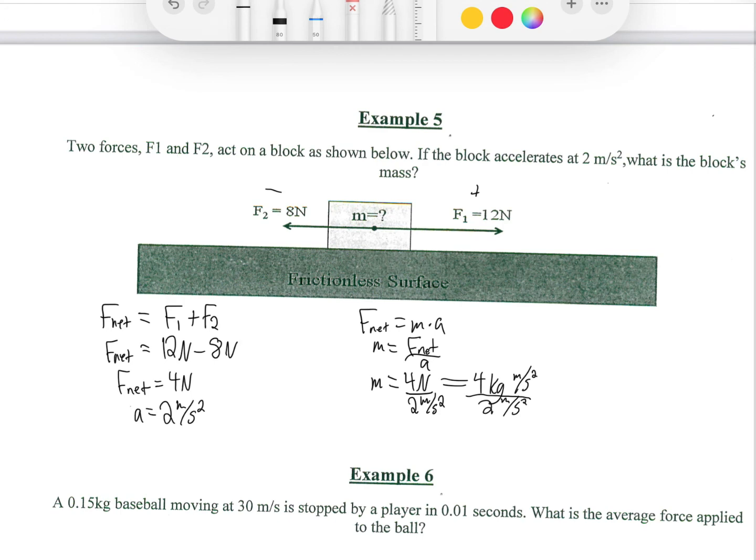What we'll see now is those meters per second squared cancel out. We'll end up with kilograms on top, which is exactly what we want when we're looking for a mass. So when we divide these, we get that the mass is equal to 2 kilograms.